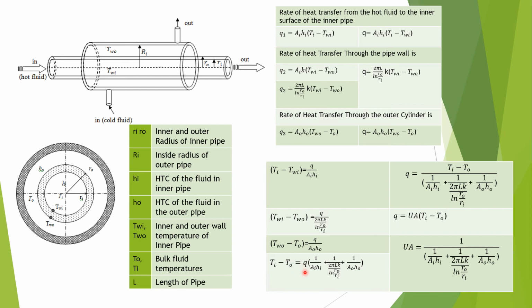That is, we have to calculate the overall rate of heat transfer. So we want this equation in terms of Q. So we will just rearrange this equation and get it in terms of Q. So we will get this equation for the overall rate of heat transfer.